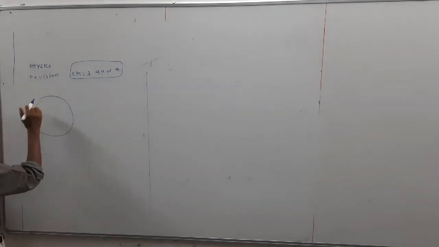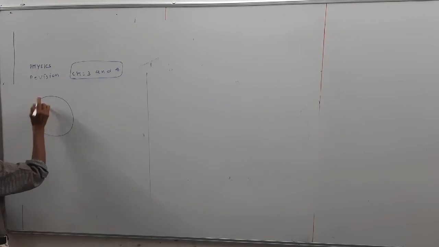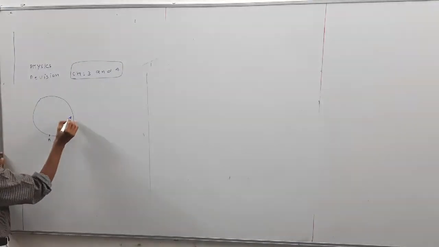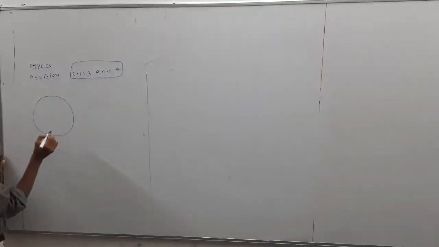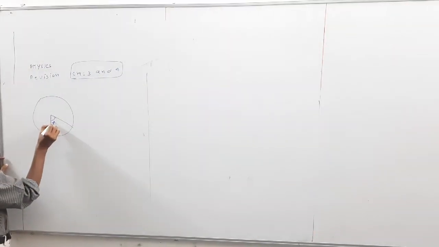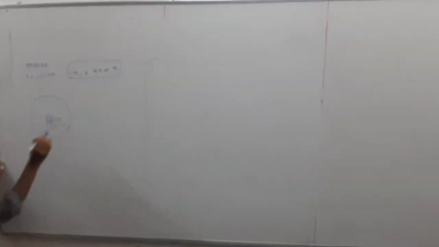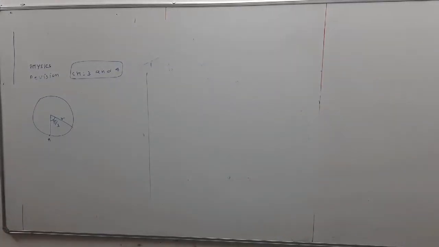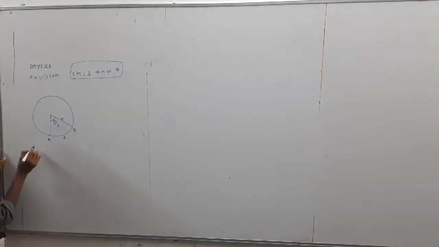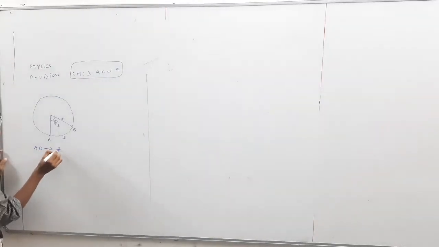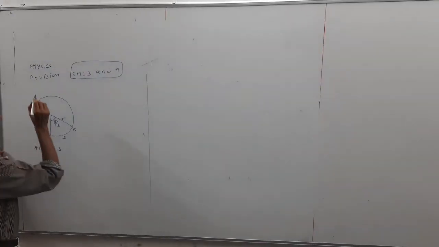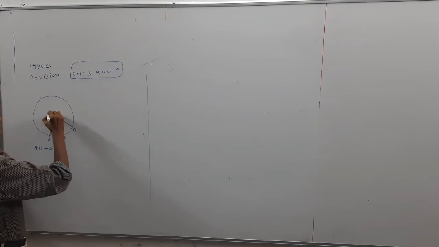Now, the particle moves on a circular path, starting from A. This is a pi by 3 angle. The radius is r. The AB part, it moves with the speed s. Then 90 degrees.